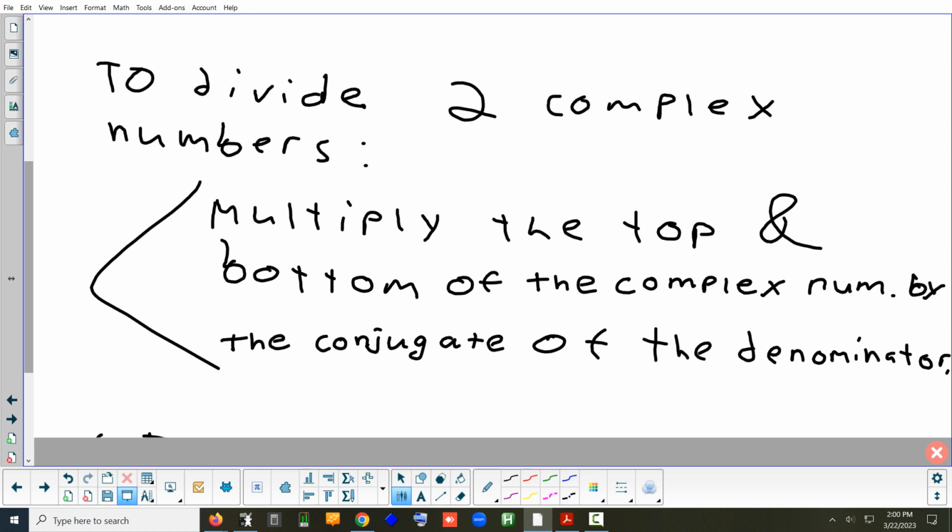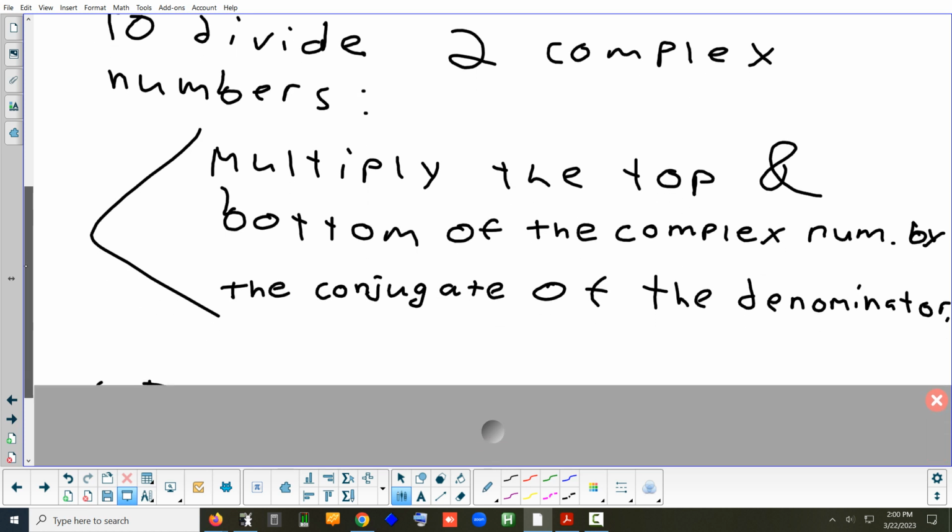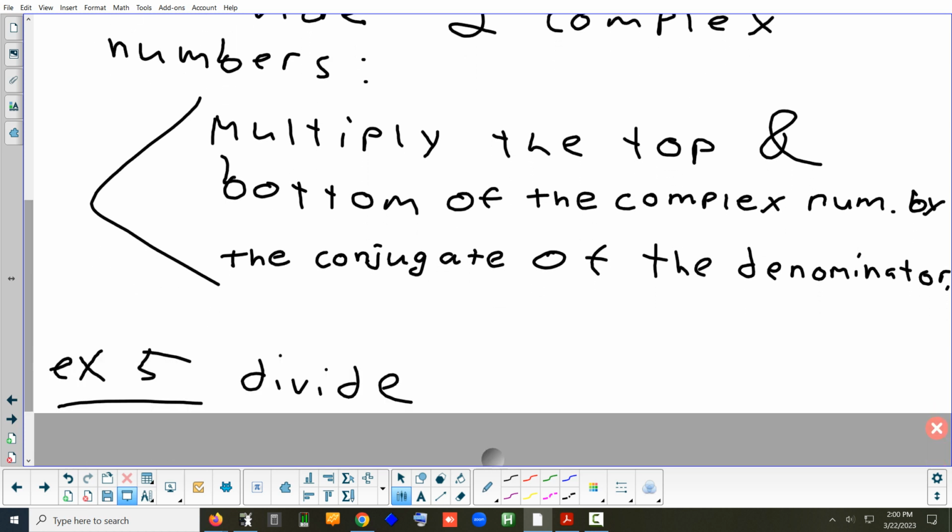And in order to divide two complex numbers, you're going to multiply the top and the bottom of the problem they give you by the conjugate of what's in the bottom. So we'll try two examples of dividing complex numbers, and then that'll finish A4.